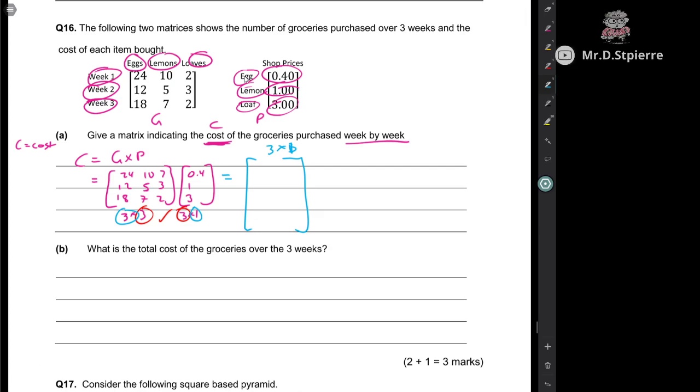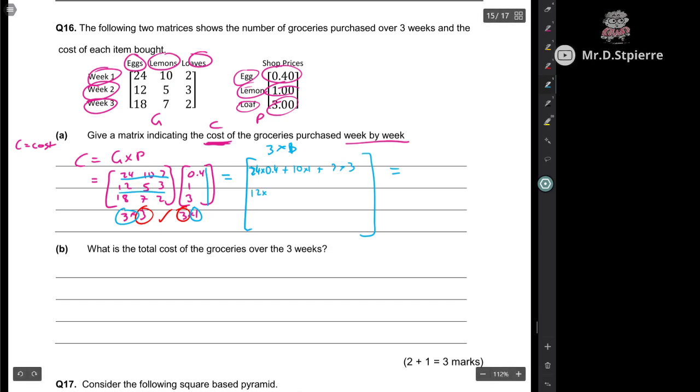So we multiply the row by the column. So this first will be 24 times 0.4, plus 10 by 1, plus 7 by 3. We do it again for the next row.